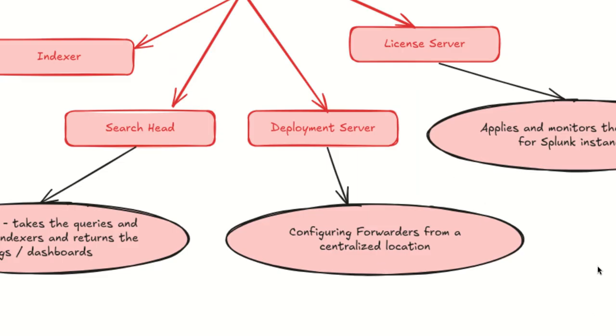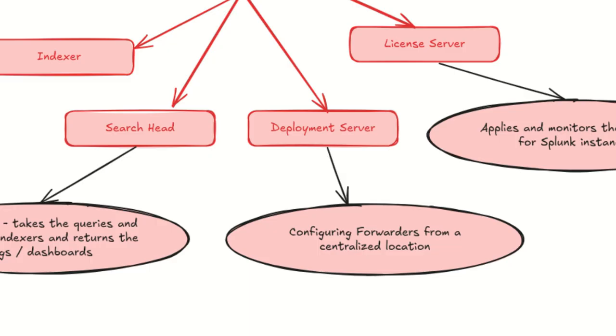This deployment server helps in automating the configuration of forwarders from a centralized location. Let's assume that we have hundreds of servers and thousands of endpoints in an organization's infrastructure.